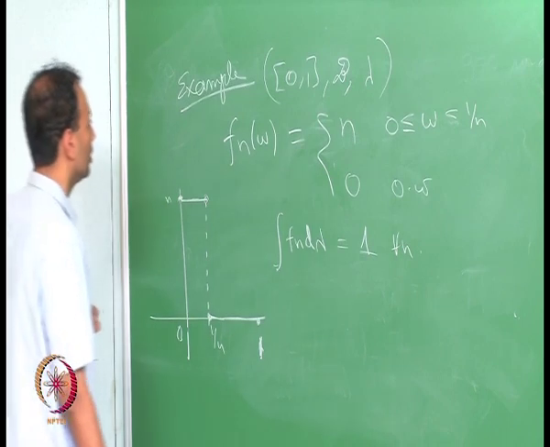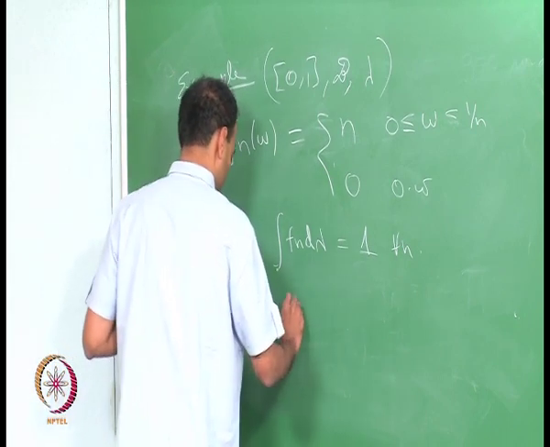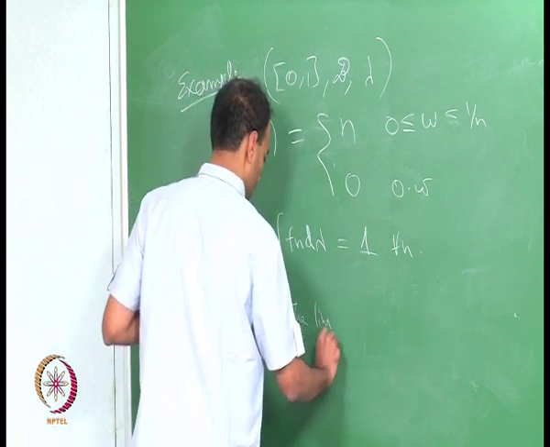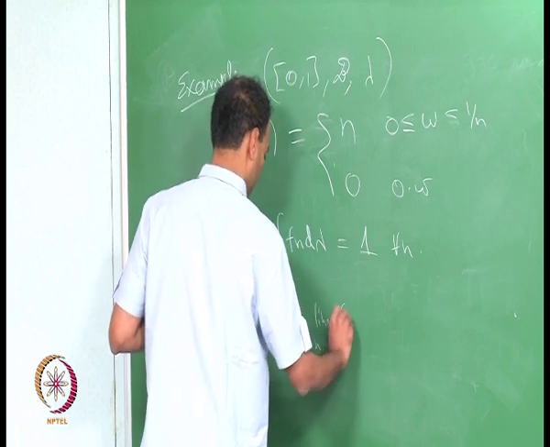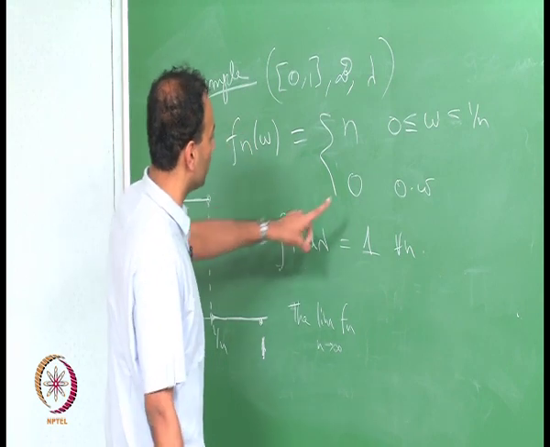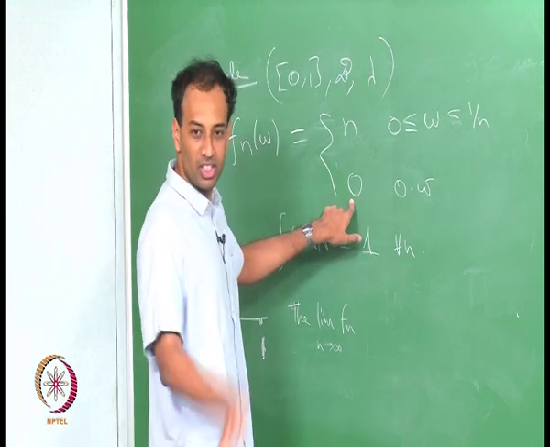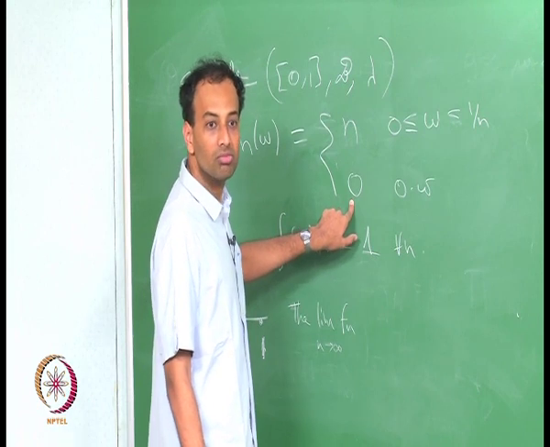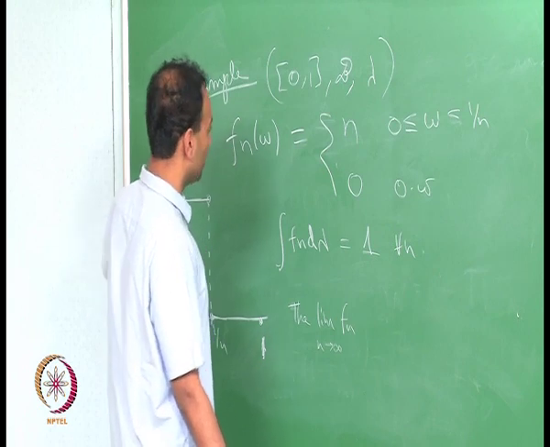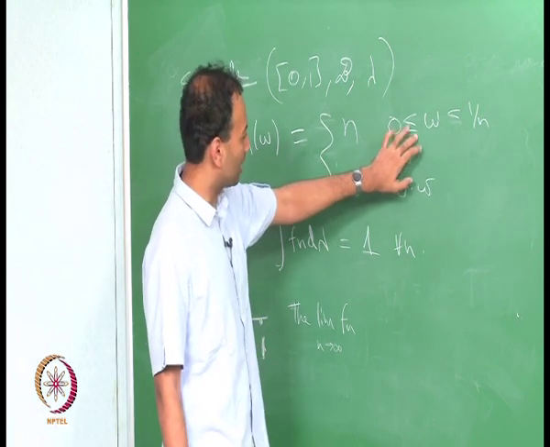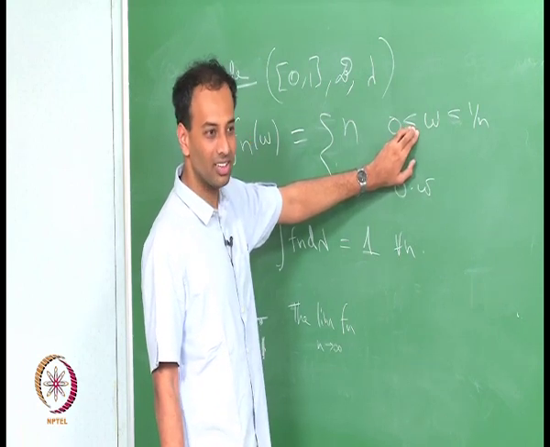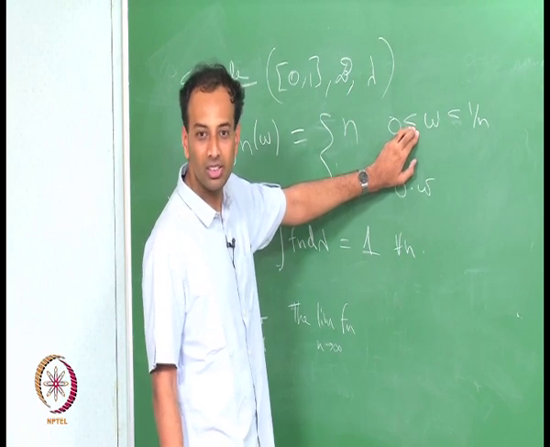On the other hand, if you look at the limit function, for all omega strictly bigger than 0, the limit function will be 0, correct. At 0 the function will be plus infinity actually, because I have put a less than or equal to here. If I put a strictly less than, the limit function will in fact be 0 everywhere.